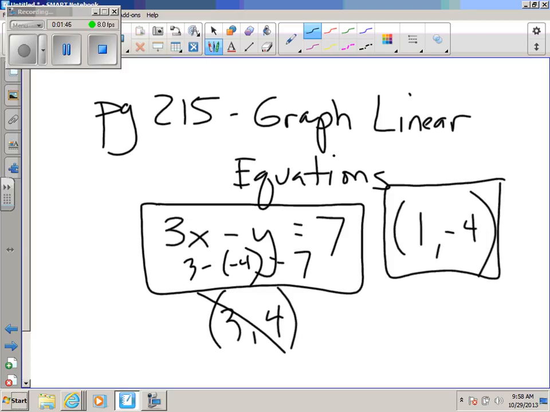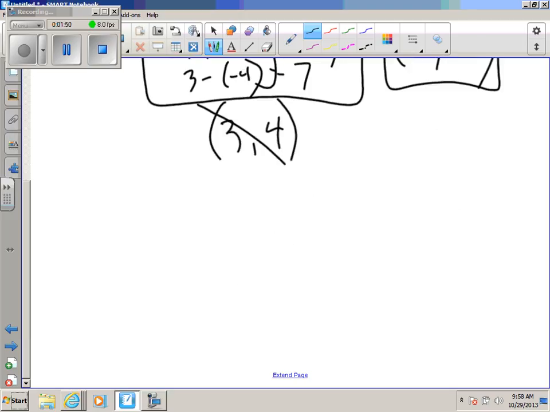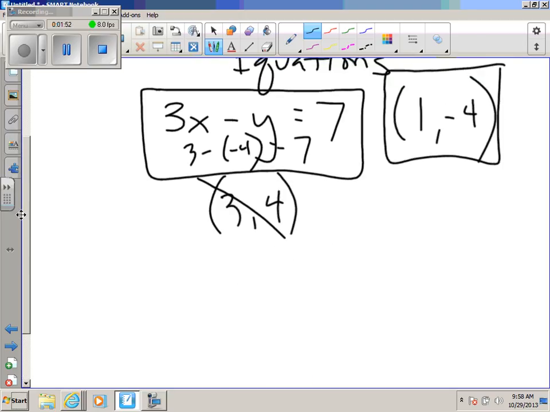Why is this not the best option for testing out the equation? What is wrong with this potential linear equation the way it's written right now? Is there any other way we can work with that? Anything else we could do with that? Might make it a little easier. Not bad if we're already testing it, but if this were a linear equation and I wanted you to solve for it, what would be the issue?